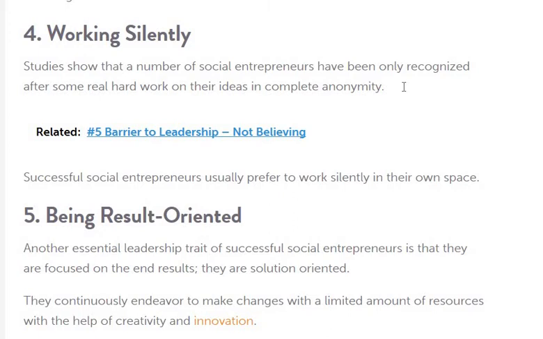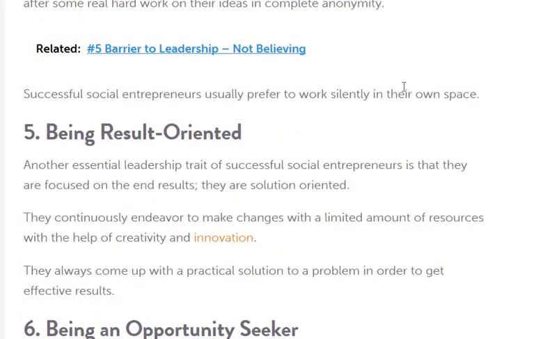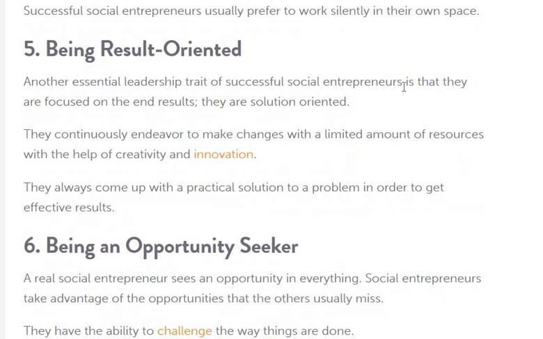This is an important trait of leadership in the shape of a social entrepreneur: being result oriented. Another essential leadership trait of successful social entrepreneurs is that they are focused on the end results.